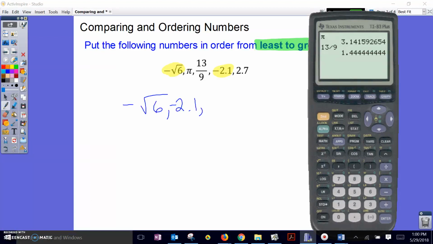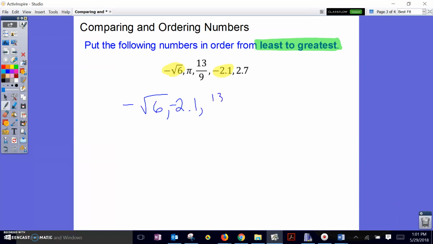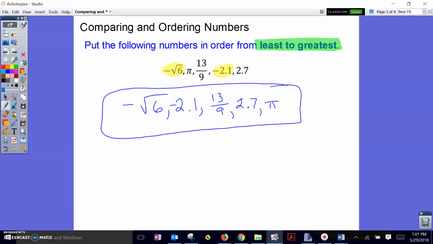We've got pi, which is about 3.14, 13/9, which is 1.44, and 2.7. The smallest magnitude of those is going to be the next in our list, and that's 13 over 9. And then the next biggest magnitude is 2.7. That's smaller than pi. And then pi. And so that is our list from least to greatest.